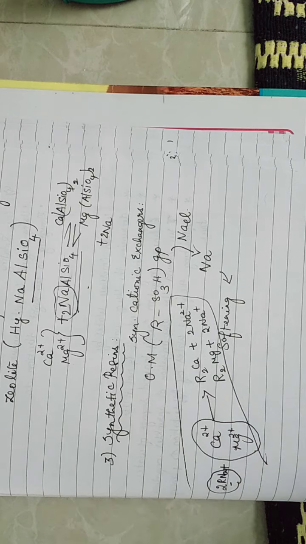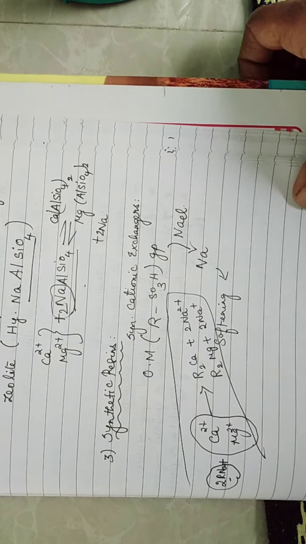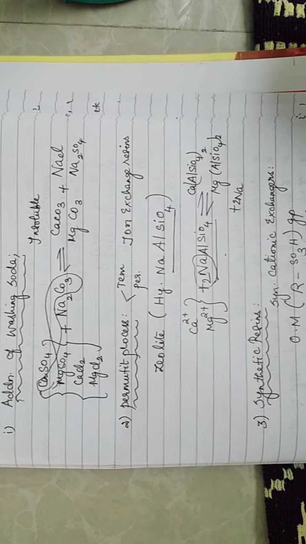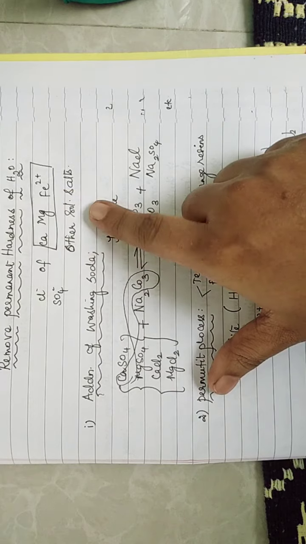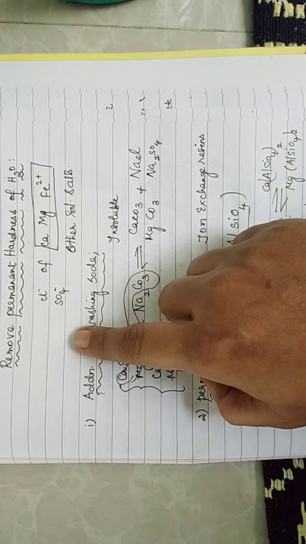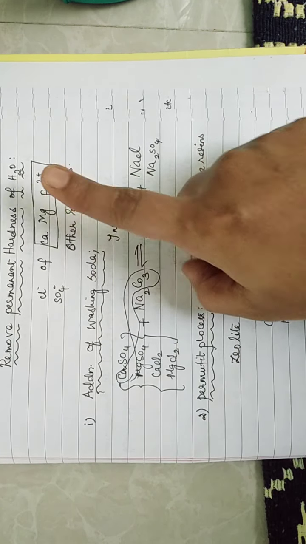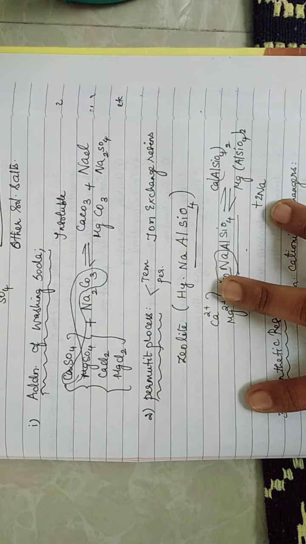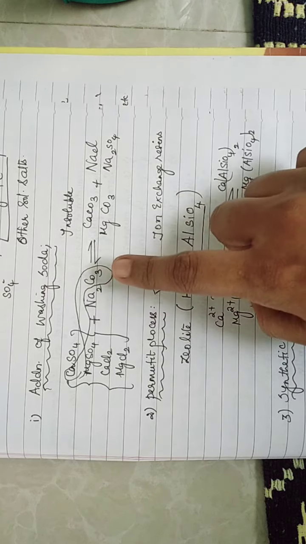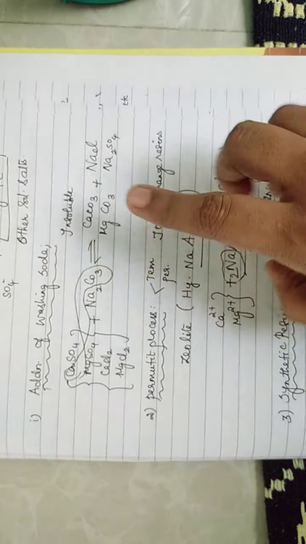So we have seen three methods of softening permanent hard water, that is the salts of calcium, magnesium and iron. Chlorides and sulfates of all these salts and other soluble salts are responsible for causing permanent hardness. And how to remove permanent hardness? We added washing soda. So what happens?